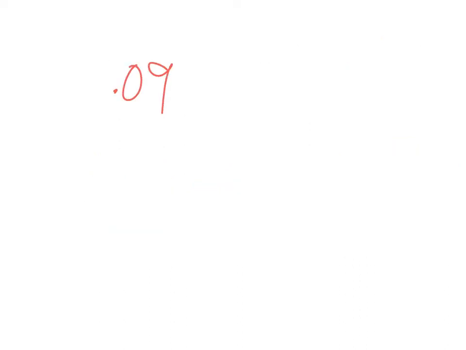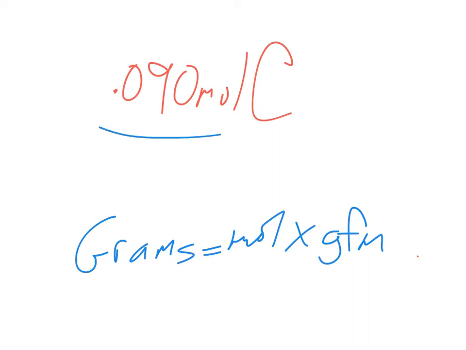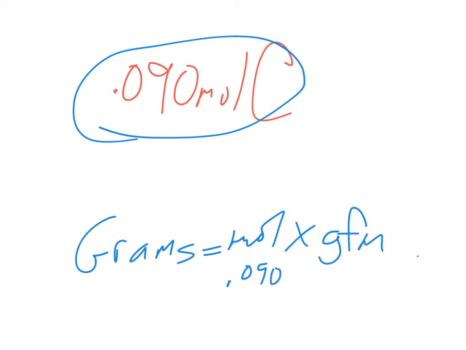Okay? Let's do one of the other ones, like 0.090 moles of carbon, and we're looking for grams, right? What's my formula for grams? Moles times your molar mass, your GFM, right? So the moles they're giving you are what? The 0.090, very good, or 0.09.